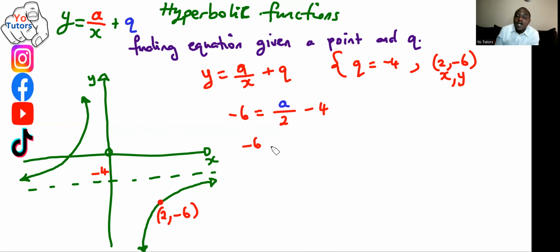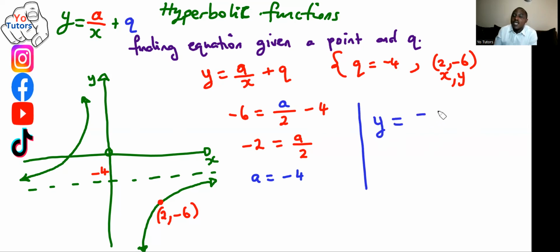It's going to be -6 plus 4, which is -2. So -2 = a over 2, which means a is going to be -4. So our a is equal to -4. How do we write our equation now? Our equation is therefore y = -4 over x - 4. That's how the equation looks like, because we are only looking for a here.